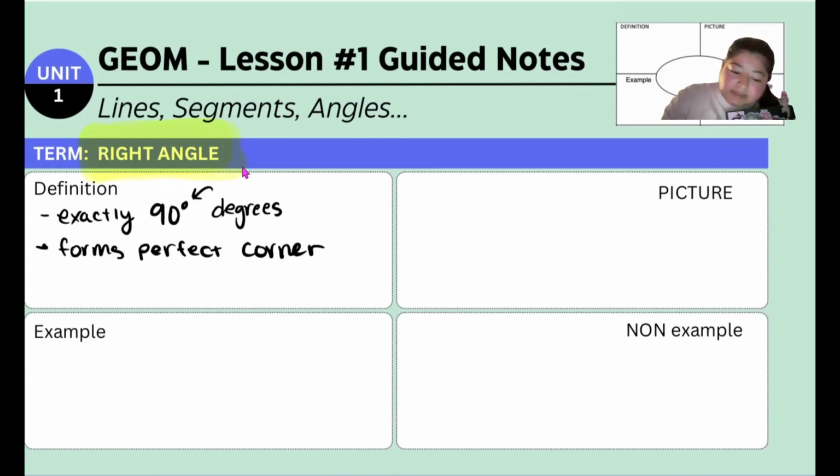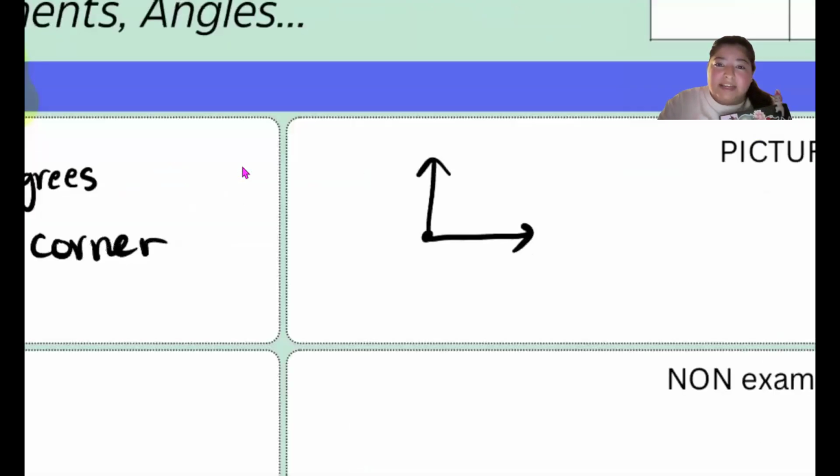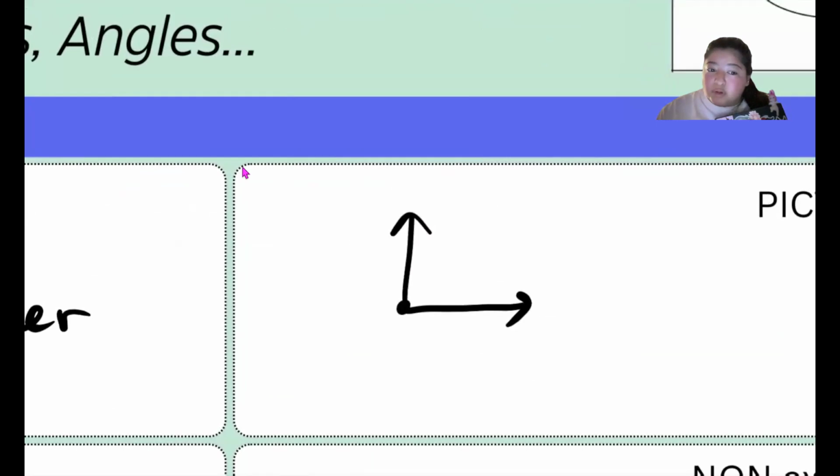So something that forms 90 degrees is like 2 rays. Try and get it exact. I don't have a protractor. I don't have something to measure, but we are going to draw this little corner here, the corner of a square. This symbol tells us that it measures 90 degrees.